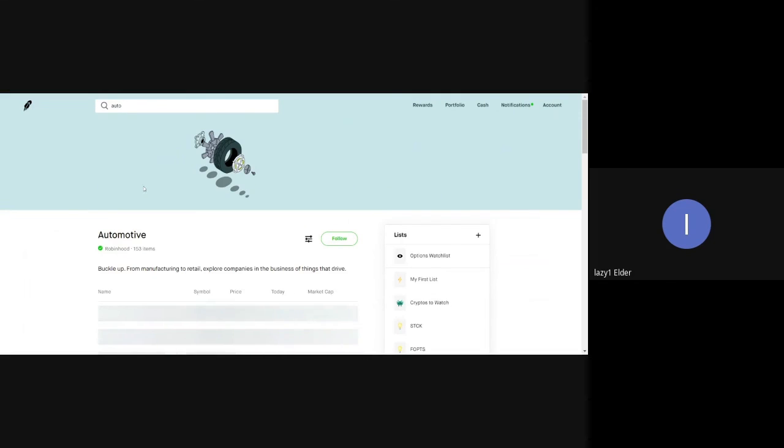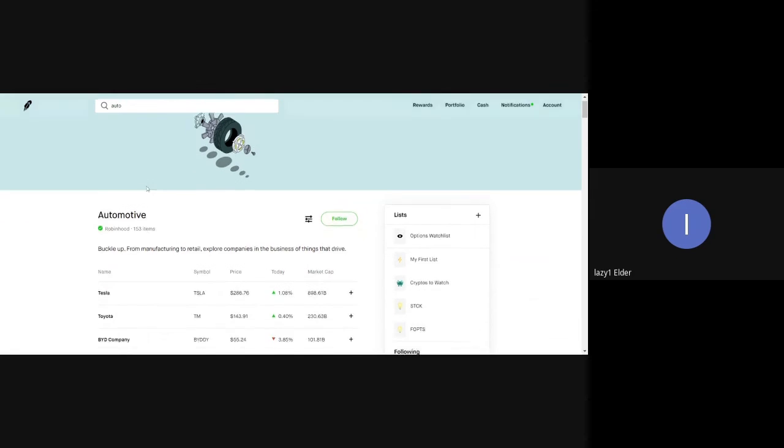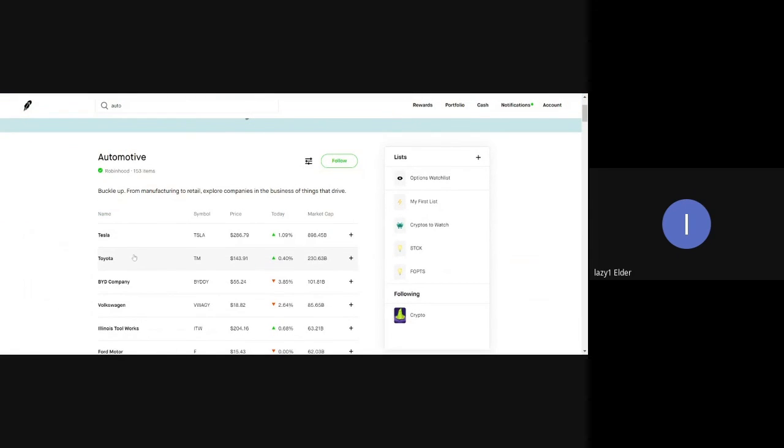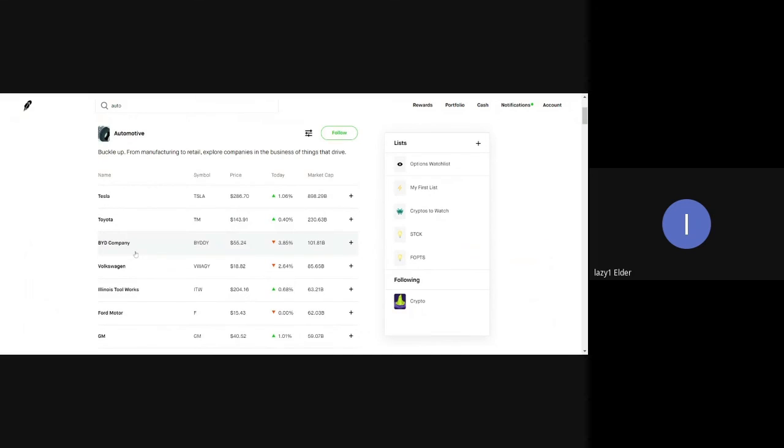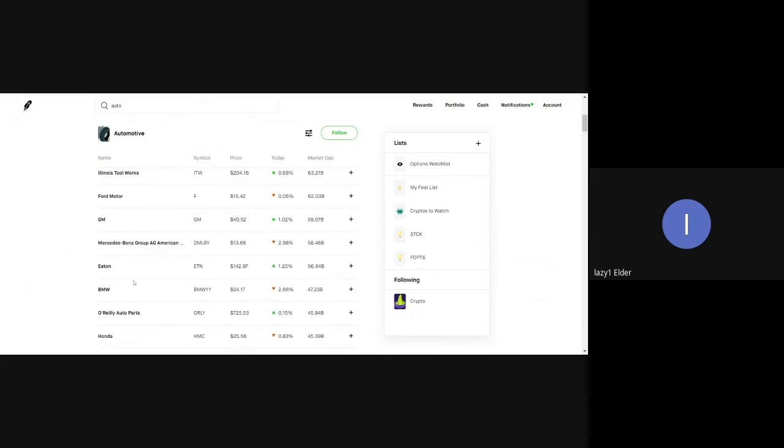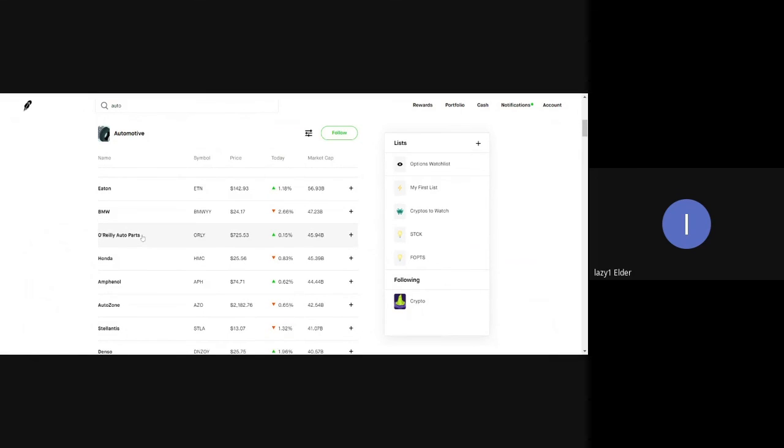And like I said, anything that has to do with automotive is within that list. Tesla, Toyota, BYD Company. Not sure what that one is. Volkswagen, Illinois Tool Works, Ford Motor, O'Reilly Auto Parts.